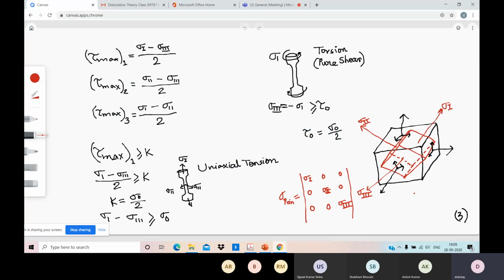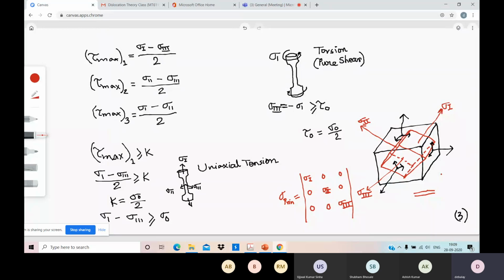Yes. So just to show you, the black lines with the black arrows indicate the stress tensor components on the body.